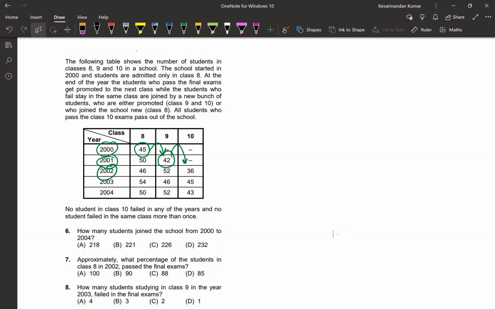Now assuming nobody leaves the school, next year 50 students have joined in class 8th. But where do these three go? Will these three be included here or not? Yes, included. That means 47 exactly are new joinees, plus the three who have failed.